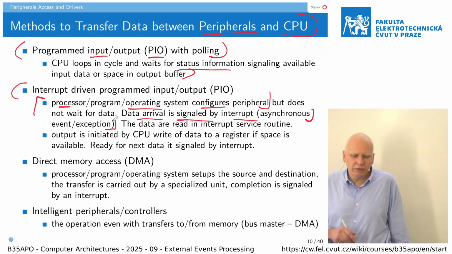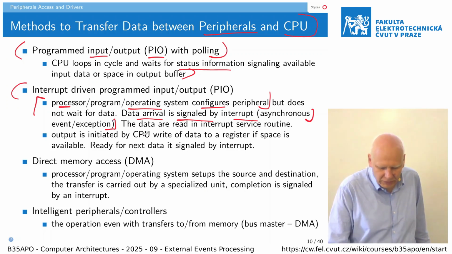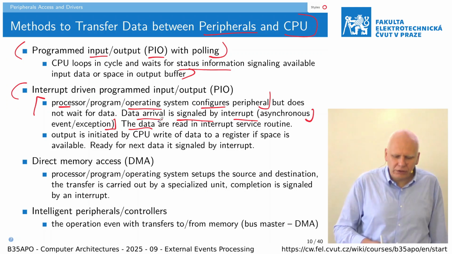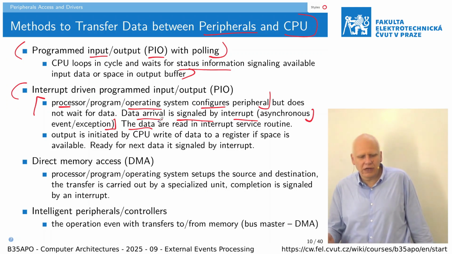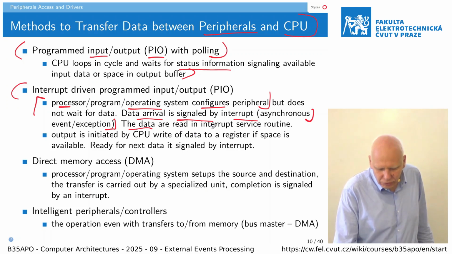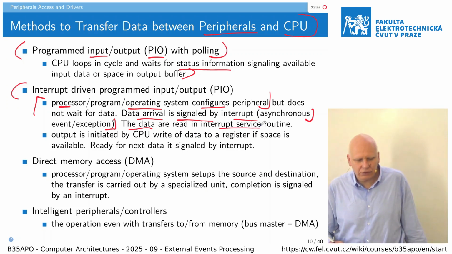It is one of the main topics of today's lecture, to look at this mechanism. When the processor is notified about the availability of the data, it switches to the interrupt service routine and reads the data in this routine.